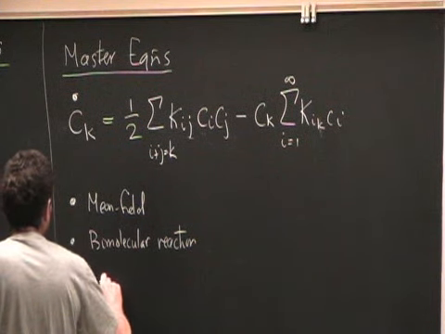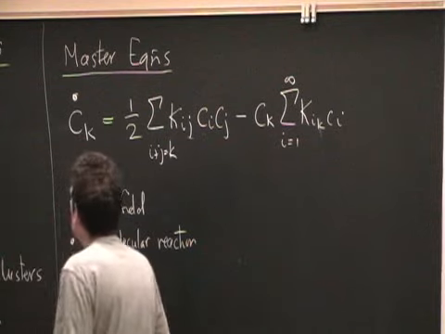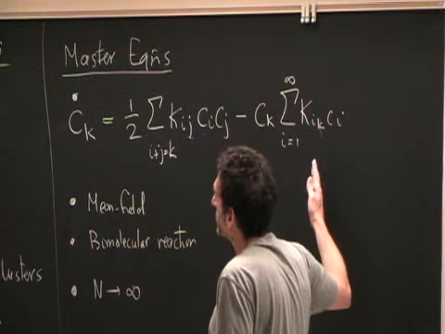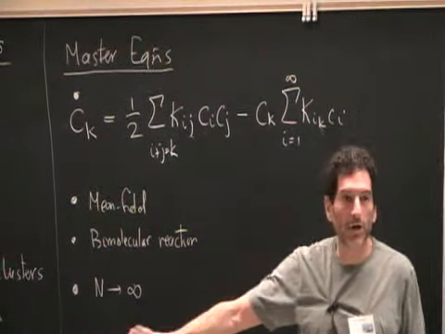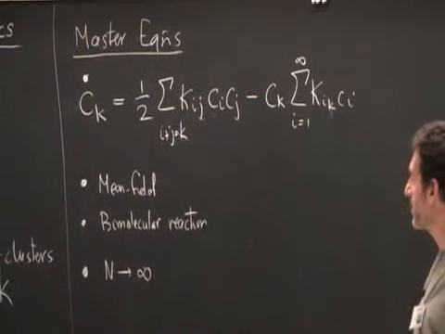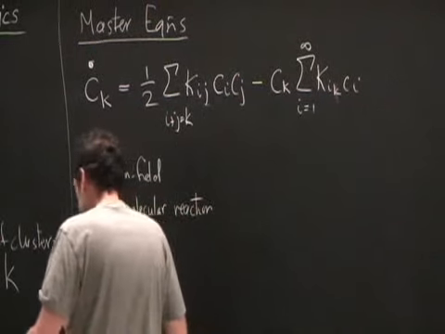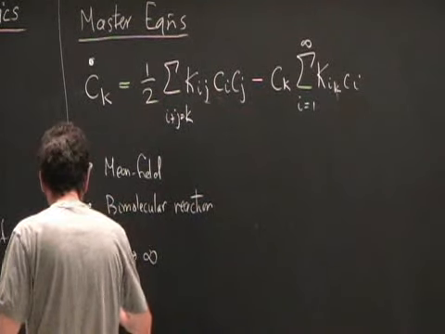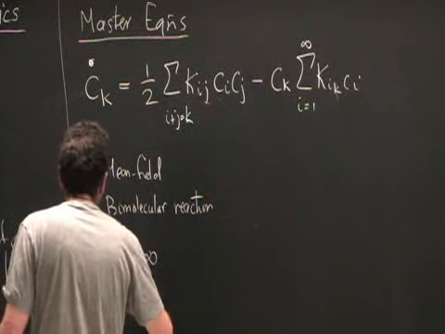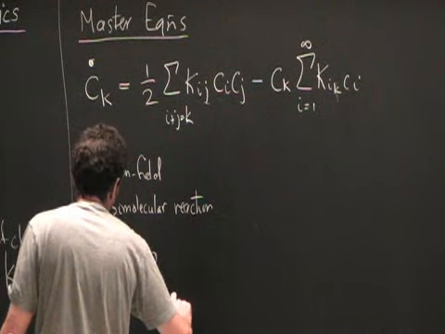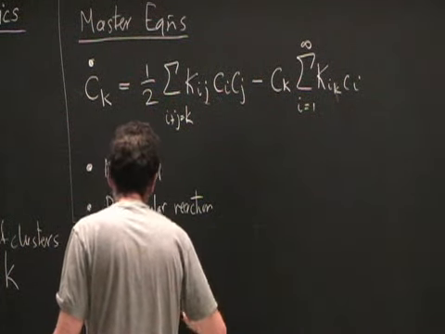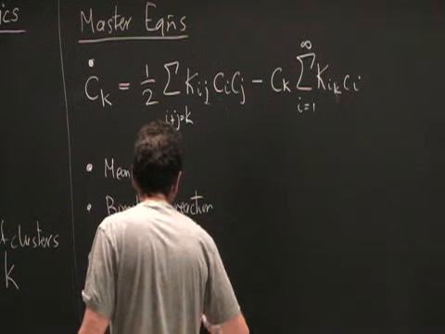Another one is that we're taking the limit n going to infinity. I'm assuming that there's no fluctuations, that there's a uniform concentration everywhere, no spatial fluctuations, and no discreteness fluctuations. So I'm assuming the thermodynamic limit. And I'm also assuming, and this is probably the most important one, that there's no shape degree of freedom.